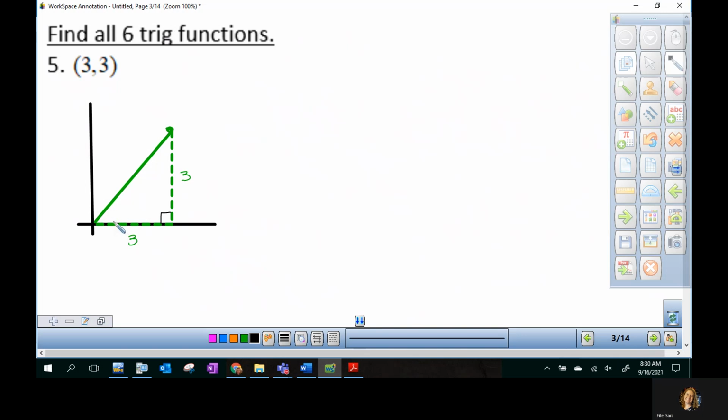If the legs are equal, the angles are equal, right? The base angles. So if they're the same, what do they have to be? Well, this angle's 90. So together, these two have to be 90 because a triangle's 180. So what's 90 split into two equal parts? So it's a 45, 45, 90 triangle.